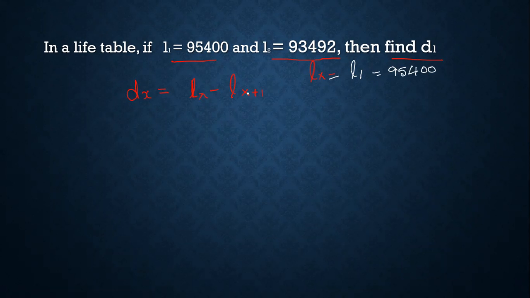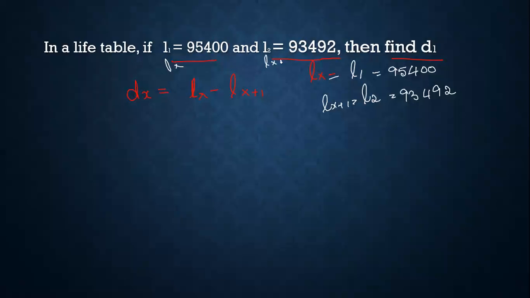And we also want Lx plus 1, which is L2, that is 93,492. Hope you understood what is L1 and L2. L1 means Lx, L2 means Lx plus 1. Since x is 1, 1 plus 1 gives 2. So L2 is nothing but Lx plus 1.